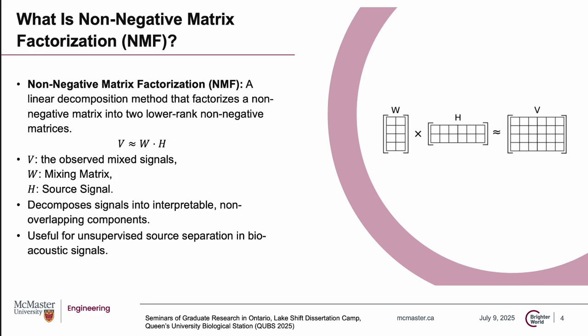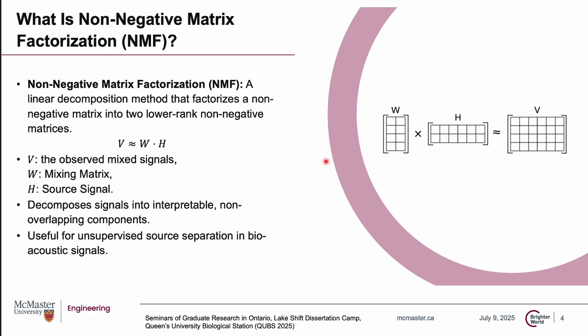What is non-negative matrix factorization? It is basically a linear decomposition method that factorizes a non-negative matrix into two lower-rank non-negative matrices. If we name it V, it is separated into W and H. V is the observed mixed signal, which is our input. Then we have W and H: one of them is the basis, the other is the activation. When we find W and H, we have the heart and lung sounds, and how each of them contributes to this mixture.